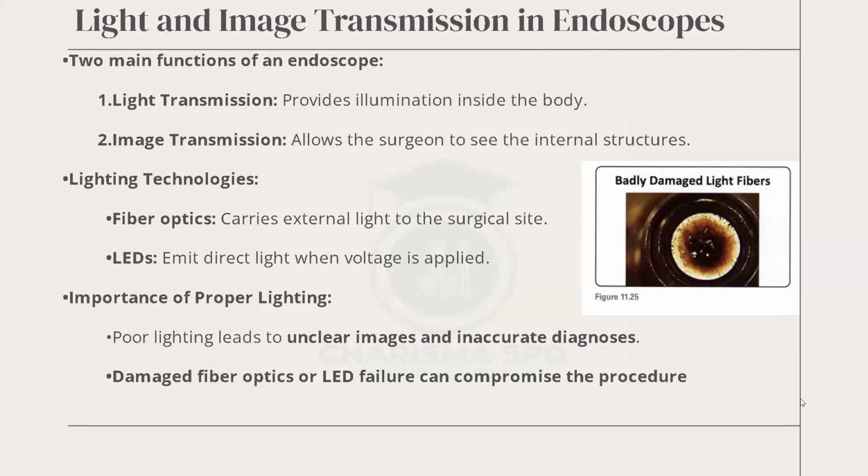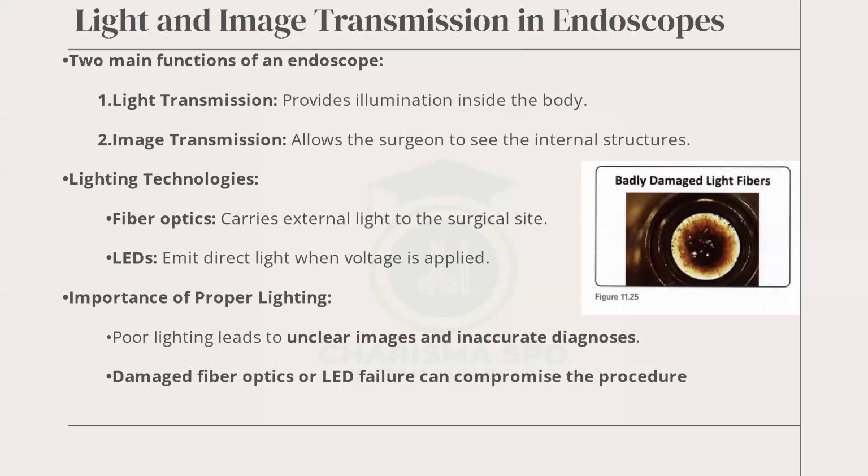So we are looking at light and image transmission in endoscopes. In endoscopes, two things happen. Light is transmitted and image is produced or transmitted. The light makes it easier for the surgeon to see what is going on in the body.